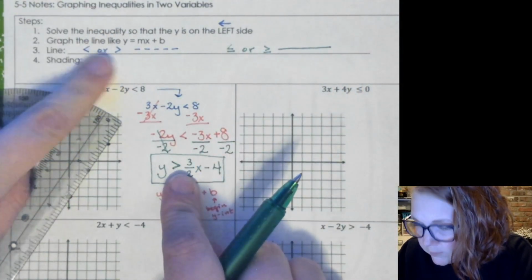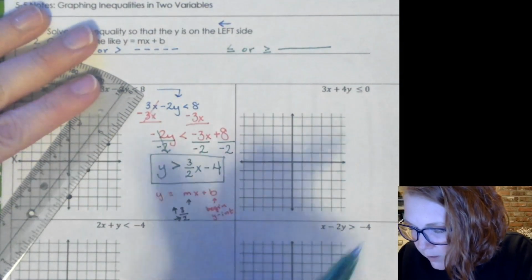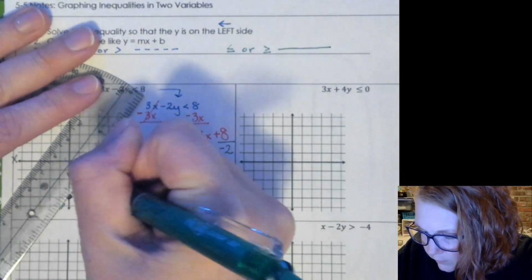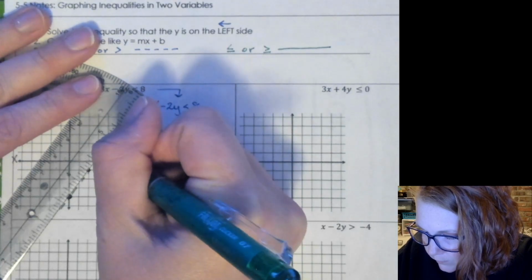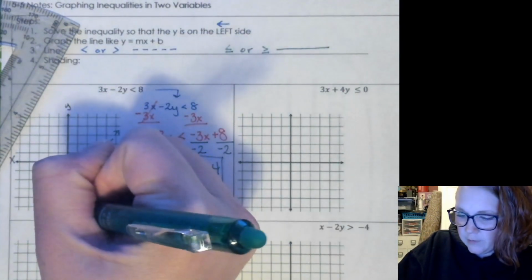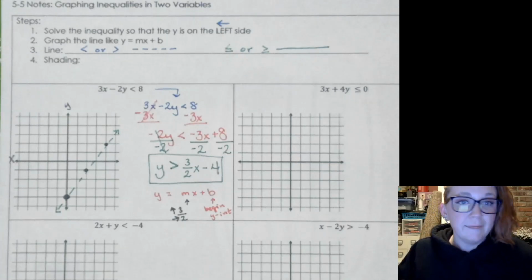We have no lines, so we're going to put dashes. That's going to be our line. So line it up and just do your best. You're just making a dashed line. And then you just put arrows on the ends of it because it's a line. Lines go forever. That's how you do the line.